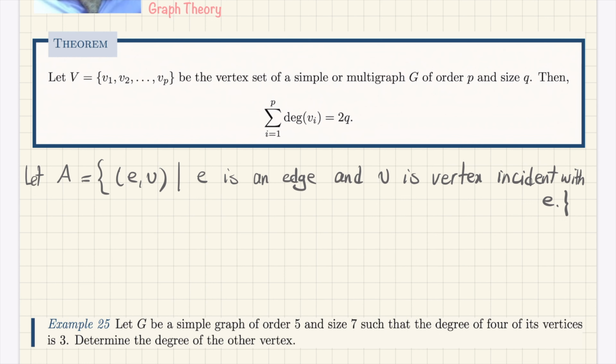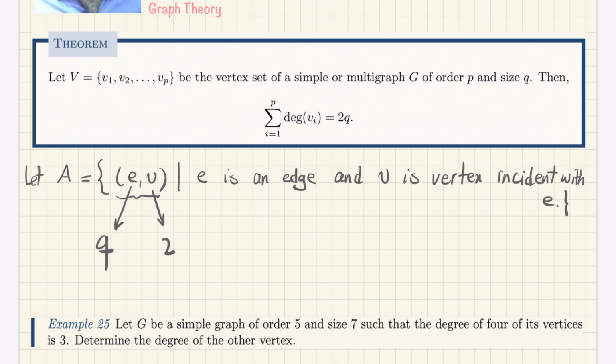So if I want to count the number of these ordered pairs, for the first component I have Q options available. Now imagine that you chose one of the edges, and now you want to put a vertex here. How many choices do you have for that vertex? Two, yes? Either you can put this one or that one. So you have Q options for E, but for each choice, you have two options here.